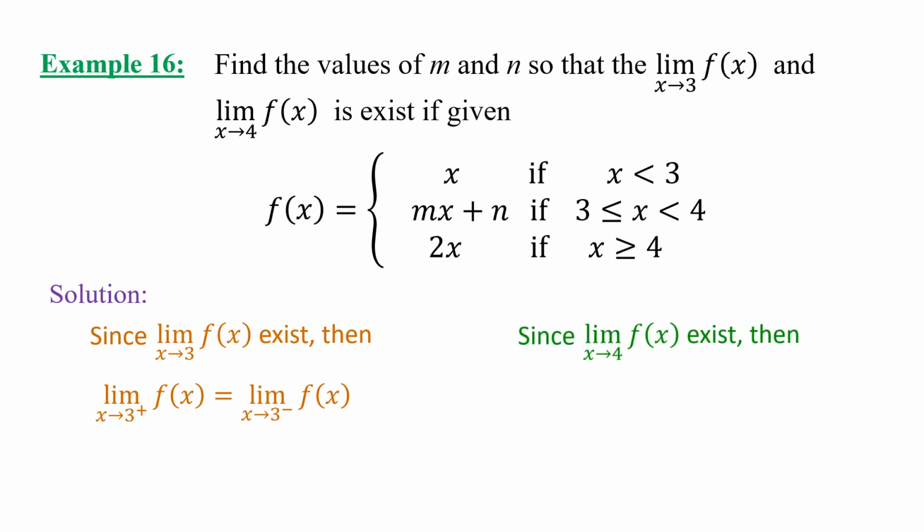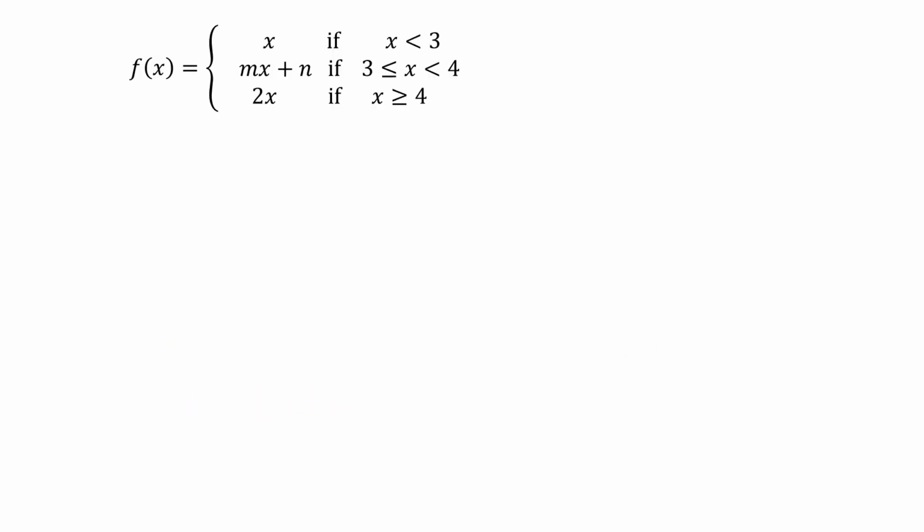It is also given that the limit as x approaches 4 exists. Therefore, the right hand limit is the same as the left hand limit. Now we need to substitute the function f in order to evaluate the limit. But before that, we draw a number line to represent the function.